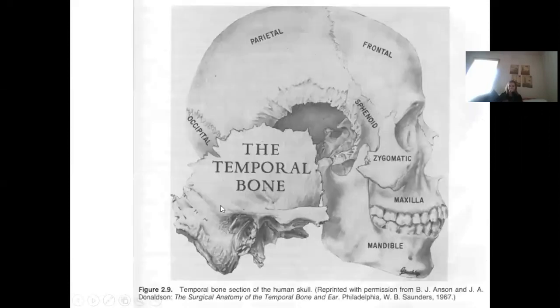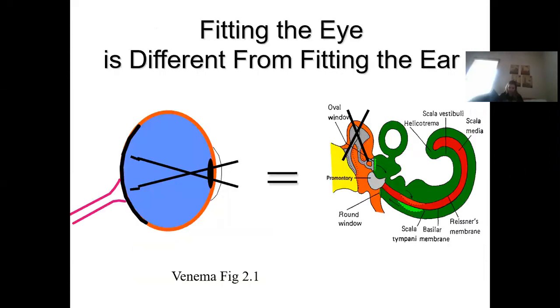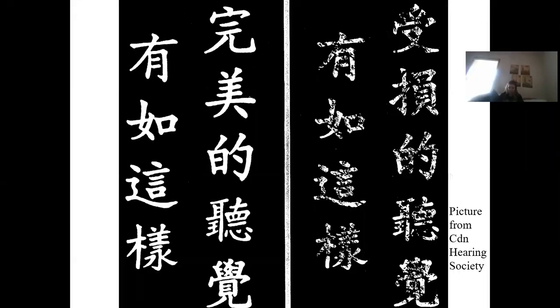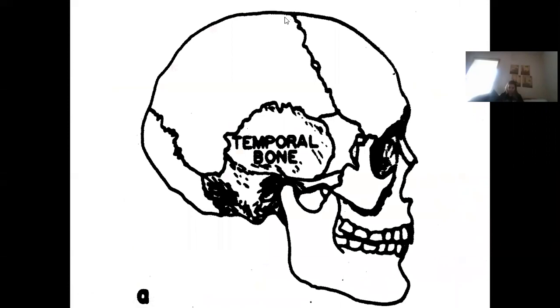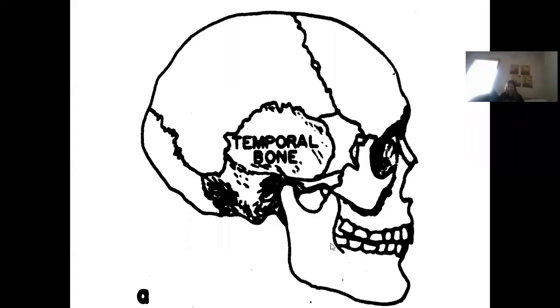So if you took away the temporal bone and turned it sideways, you'd see where the inner ear was. No more pictures that way, so I'll stop sharing here and we'll just read in our notes because we've got lots of places we can go here. Let's share the notes.